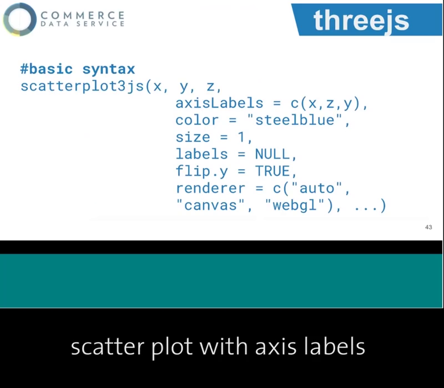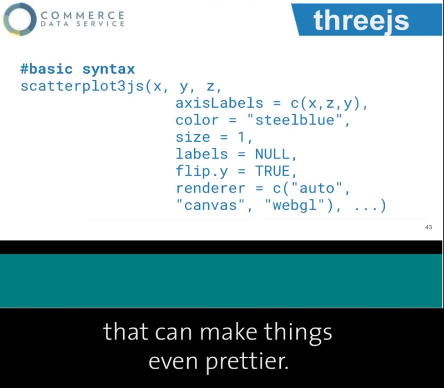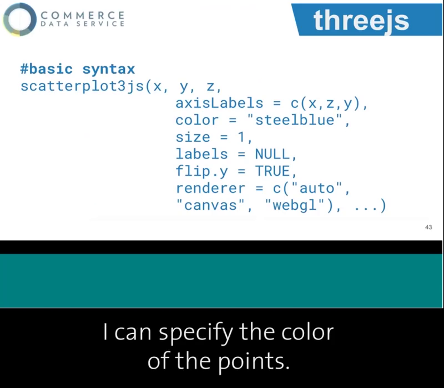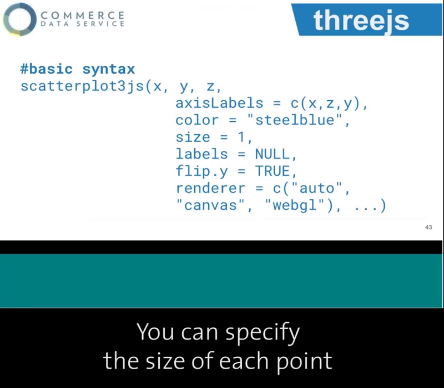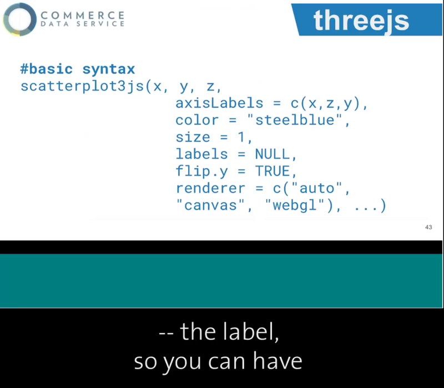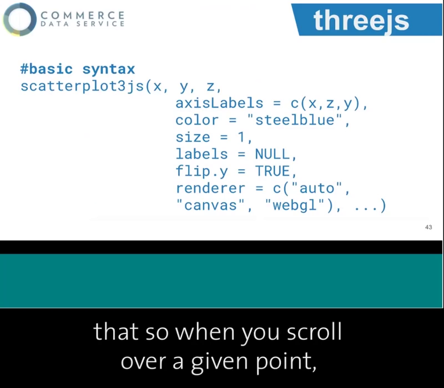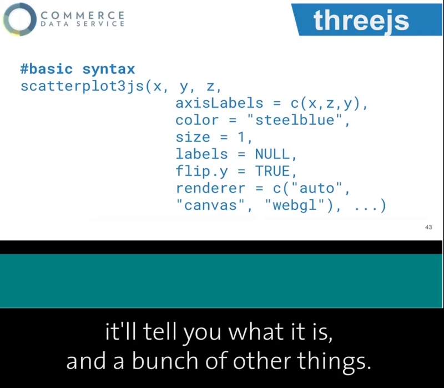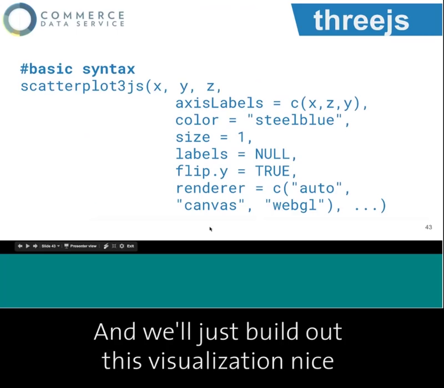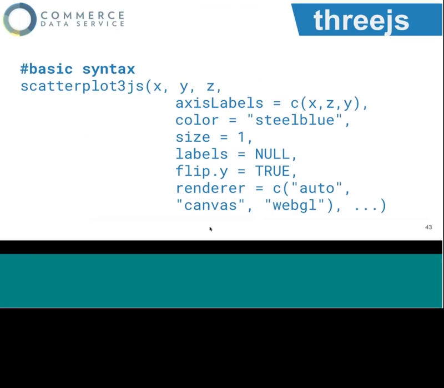We have axis labels that can make things even prettier. You can specify the color of the points, the size of each point, and the label, so you can have a little pop-up labeling feature so when you scroll over a given point, it'll tell you what it is, and a bunch of other things. And we'll build out this visualization nice and simple from the ground up.